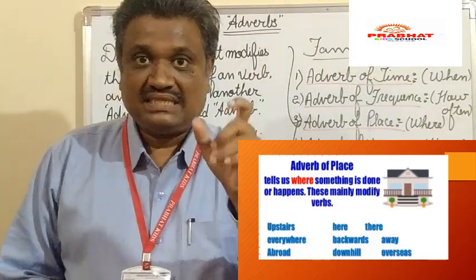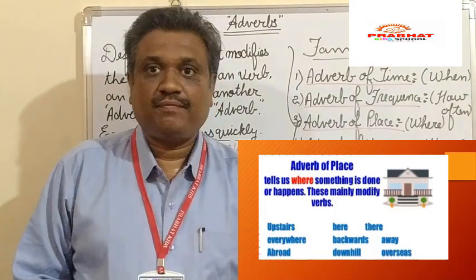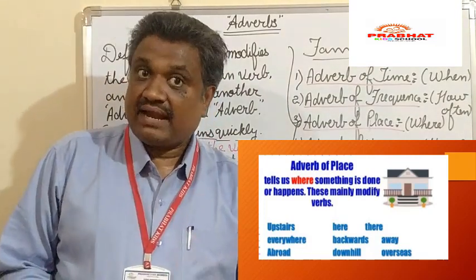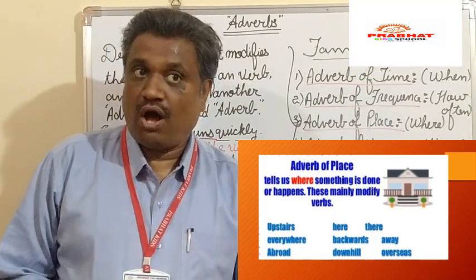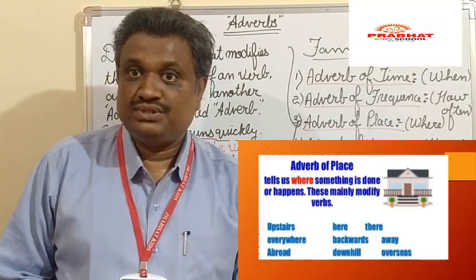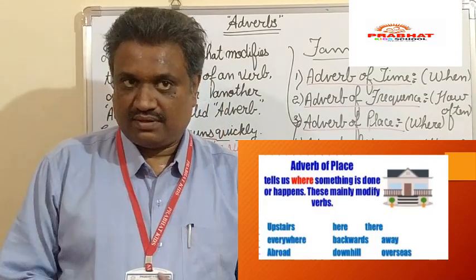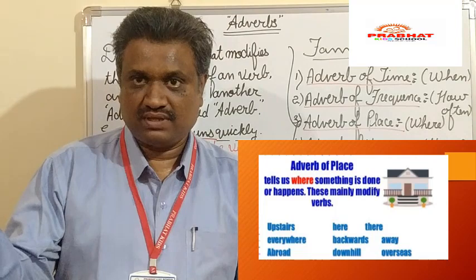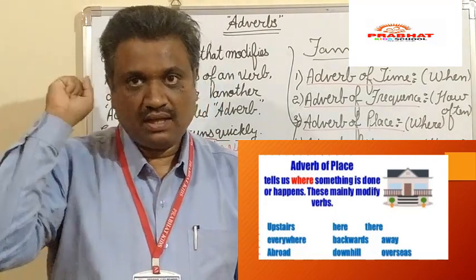Now, where does it come in the sentence? That is what I want to tell you. Adverbs of place are placed right after the verb or right after the object of the verb, students. Right side of the verb or right side of the object of the verb.